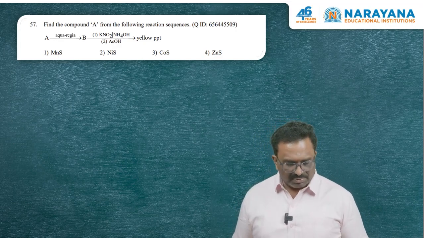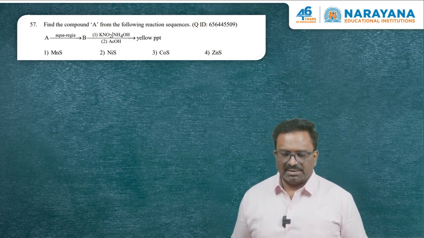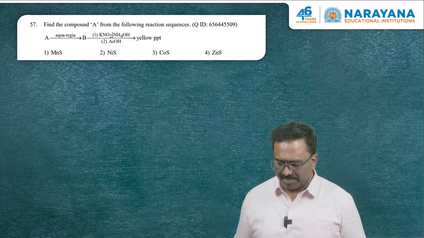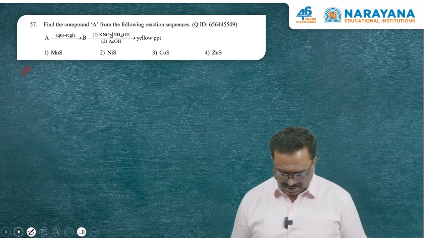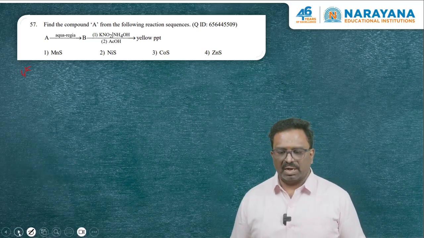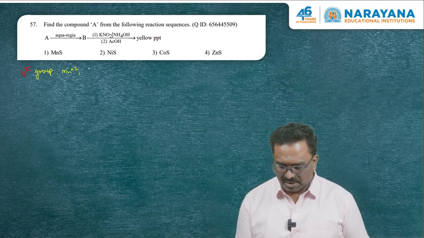Actually, aqua regia is commonly used for the fourth group in general separation, that is in qualitative analysis. We have in the fourth group Mn2+, Zn2+, Ni2+ and Co2+.